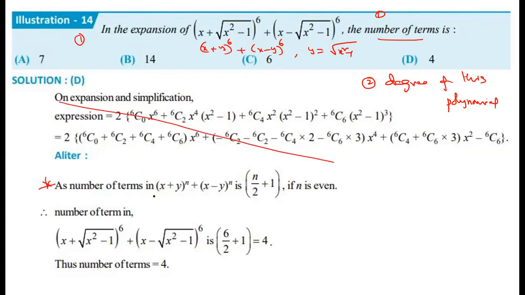Because y is same. So (x plus y) whole power n plus (x minus y) whole power n is n by 2 plus 1 if n is even number. So what is the n here? 6. 6 by 2 plus 1, answer is 4. What is the degree of this polynomial after expanding? Anyone?